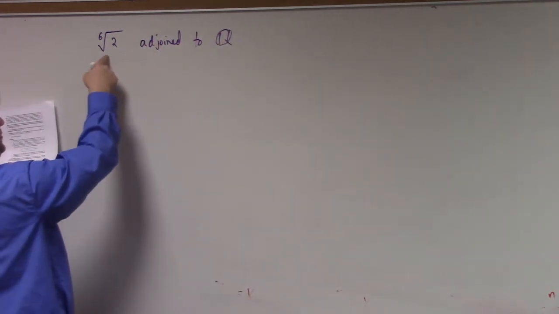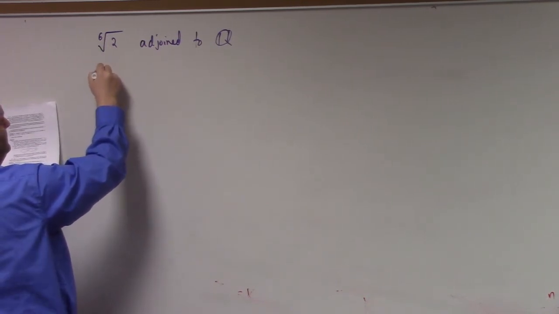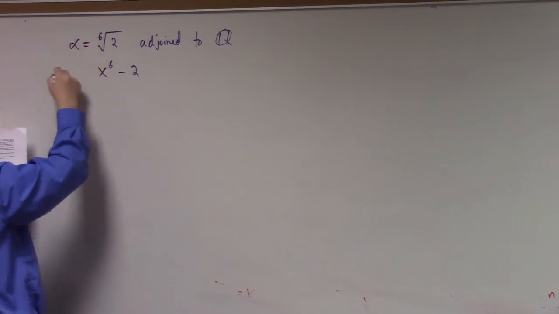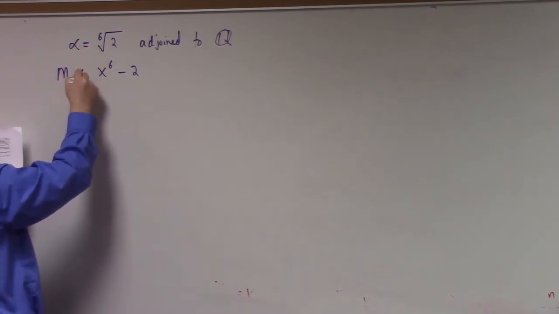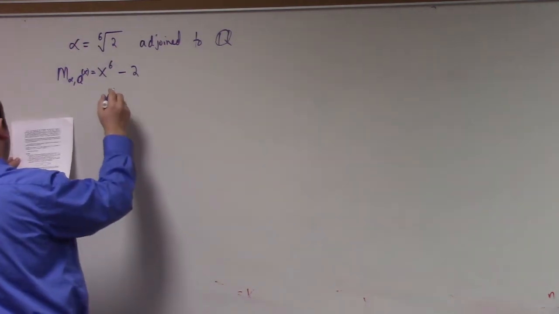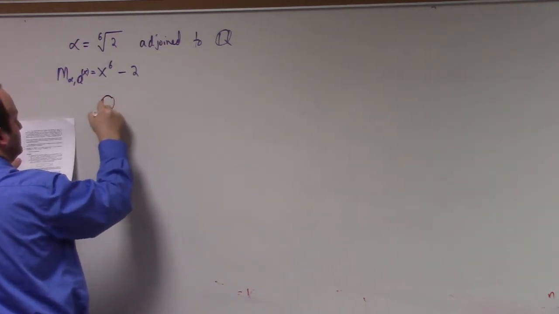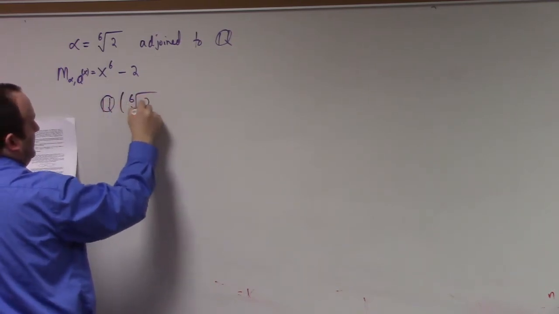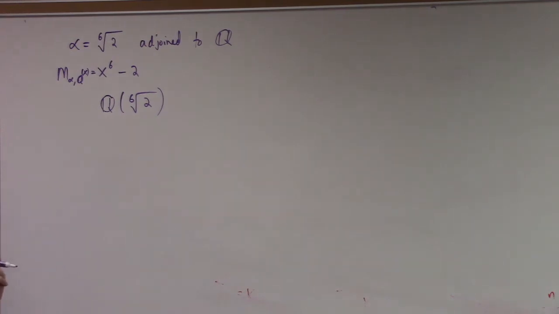Then, of course, this has minimal polynomial x to the 6th minus 2. That's the polynomial of minimal degree which takes the 6th root of 2 as a 0. It's irreducible by Eisenstein, so good to go. In particular, Q adjoin the 6th root of 2 is a degree 6 extension over Q, right?